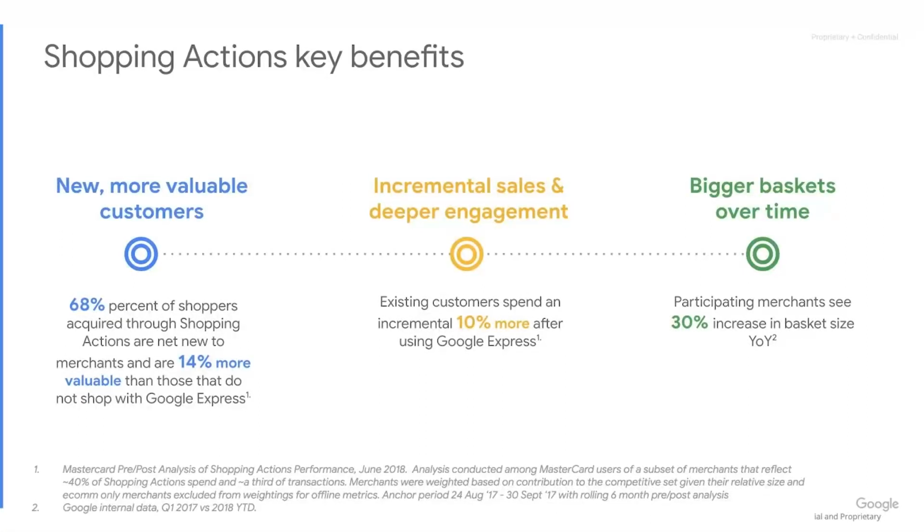So that's one exciting stat. The other one is that buyers who did buy from the merchant before end up spending 10% more on Google, which is also an exciting stat. And along with it, very similar, we see increasing baskets, which means users are getting comfortable buying larger quantities of things on Google.